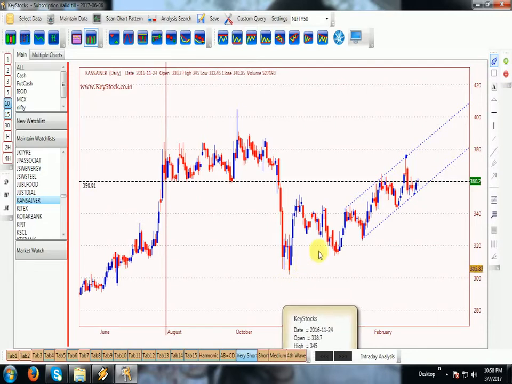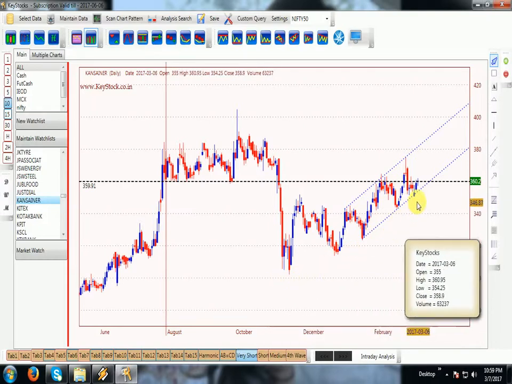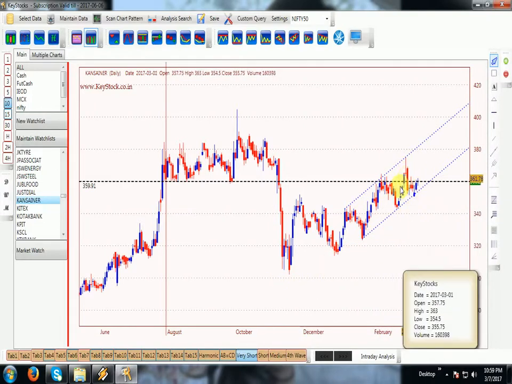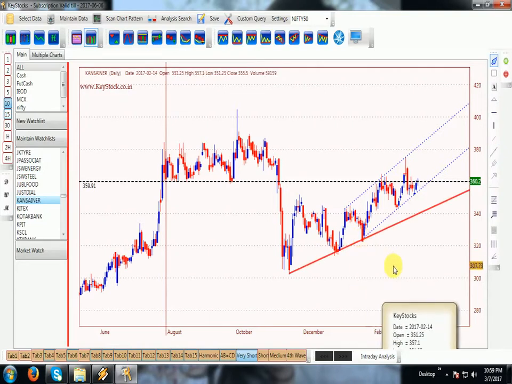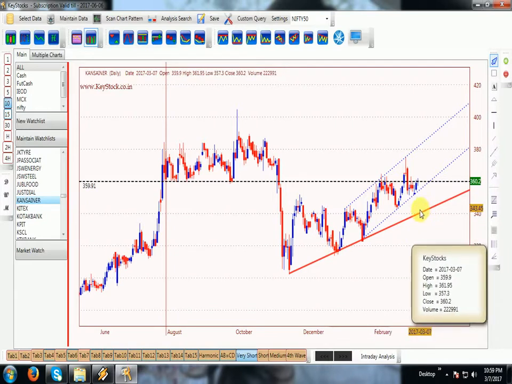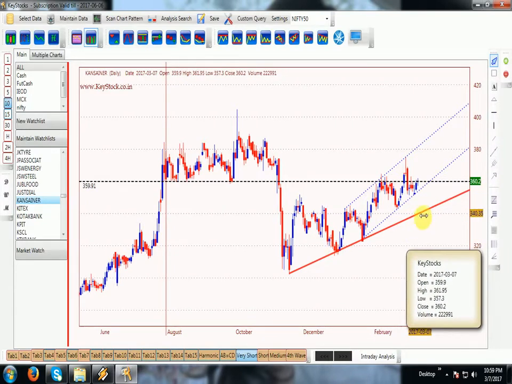So what else is left here? This is also an uptrend, and now I'll join these higher lows in order to find the support level for the Kansai Nerolac stock. So I'll join these three pullbacks. Okay, so around this level there is a strong support for Kansai Nerolac.